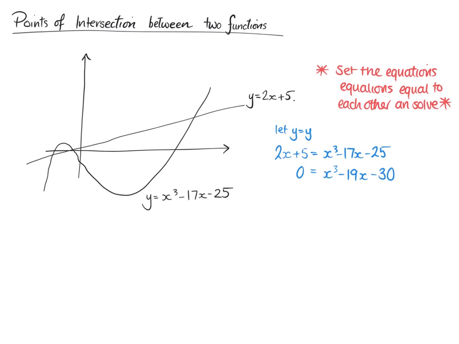If x equals minus 2, then we have minus 2 cubed minus 19 times minus 2 minus 30, which is minus 8 plus 38 minus 30, which is 0. That hesitation there was me just doing 19 times 2 in my head. So therefore x plus 2 is a factor.